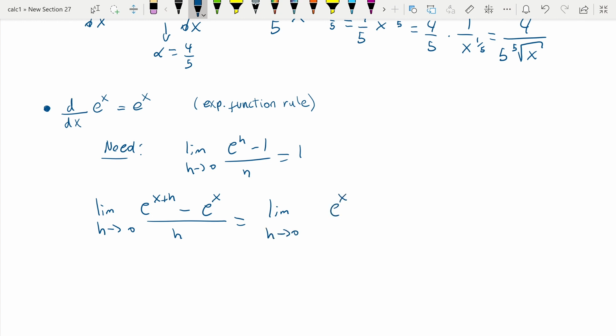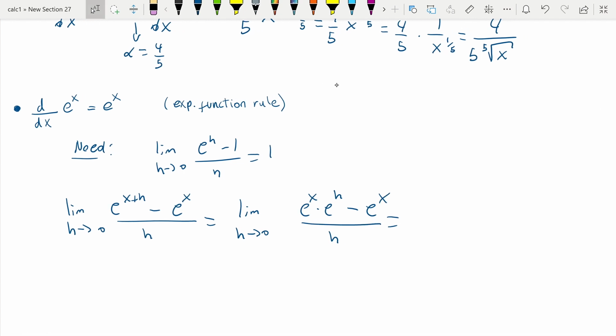There's a property of exponential functions: whenever you're adding in the exponent, it becomes a product. So e to the x times e to the h, minus e to the x, all divided by h. Then we have a common factor e to the x we can bring out: e to the x times e to the h minus 1, all divided by h.